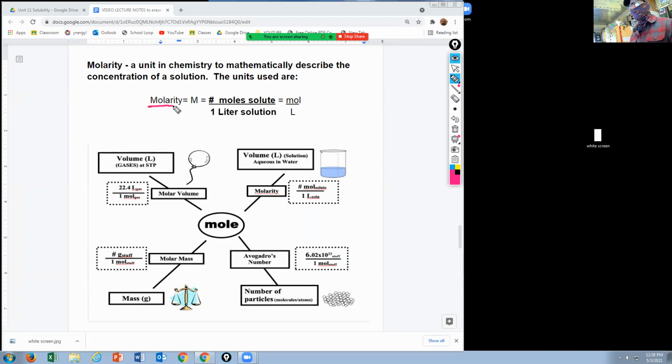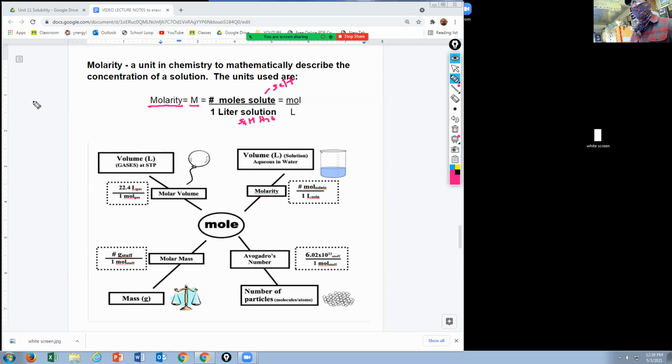The abbreviation for molarity is a capital M, not a small m. And the units are the number of moles of solute, which would be like the salt, for every 1 liter of solution, which in this case would be the salt water. And so the unit would be given as moles per liter.